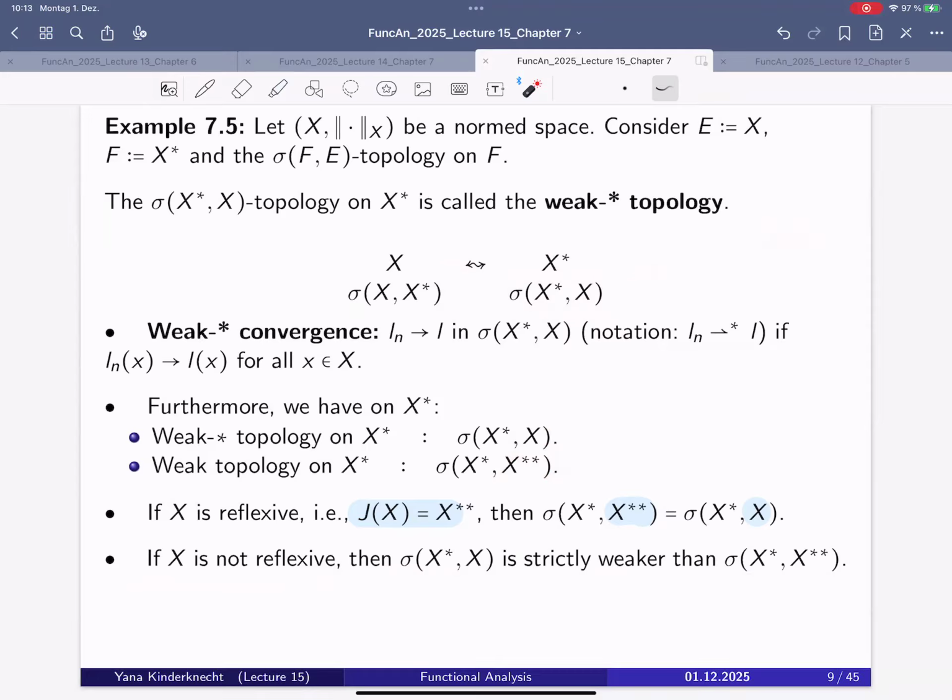Because if X is not reflexive, then this space is bigger than the image of X. That is, we have more coordinates which we have to control, or more linear functionals which we use for the construction of the topologies. So the weak star topology is strictly weaker than the weak topology in the case when our X is not a reflexive Banach space.